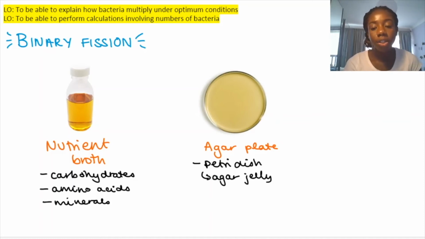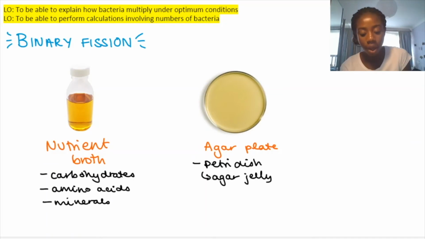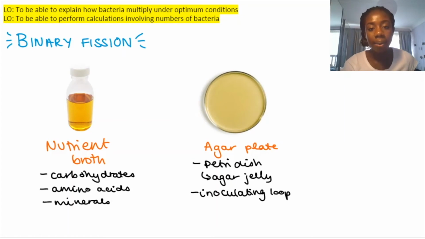And in order to add our bacteria to this medium, we're going to use something called an inoculating loop, which is basically a metal wire which we dip in our nutrient broth, and then we're going to smear that on the agar plate in order to transfer our bacteria to our growth medium.